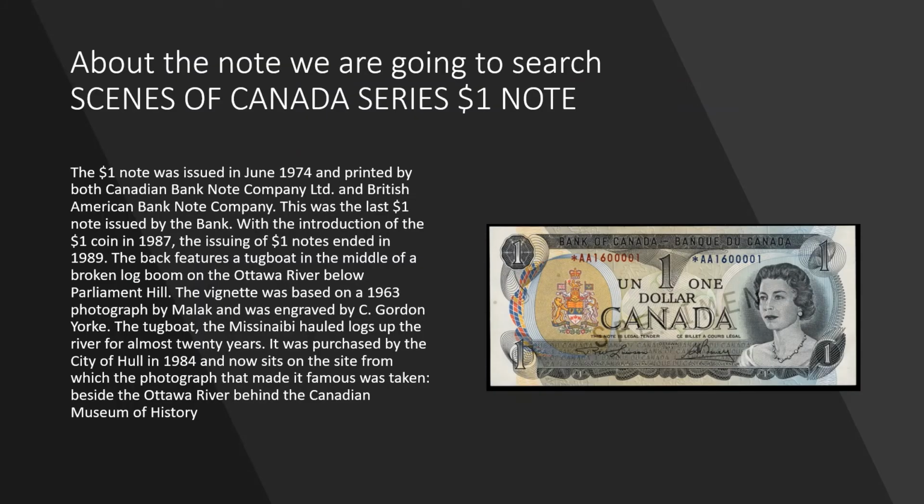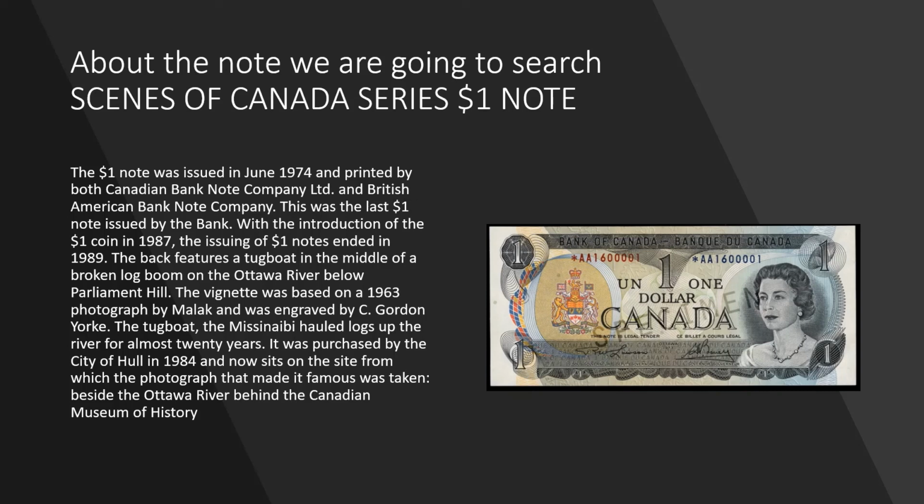All right, a little bit of information specifically about the banknote we're going to be searching in the next video, the $1 Canadian banknote. So the $1 note was issued in 1974 and printed by both Canadian Banknote Company and British American Banknote Company. This was the last $1 note issued by the bank.